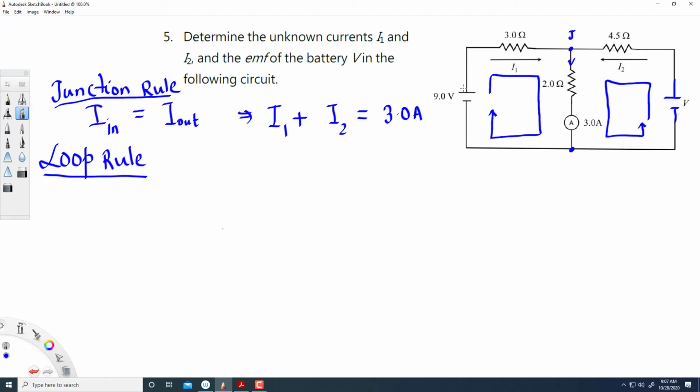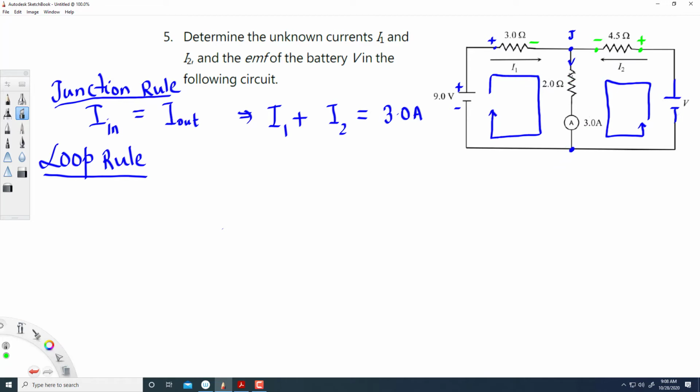Then assign the correct signs to all the components. For this battery, the longer side is positive, the shorter side is negative. This current is entering at this point. The entry point is always positive because current goes from higher potential to lower potential, and the exit point is negative. You see this current I2 is entering from this point and exiting from that point, so the entering point is positive, the exit point is negative.